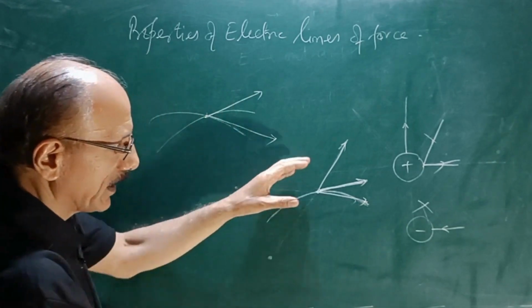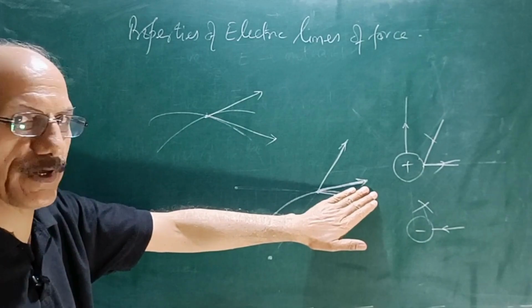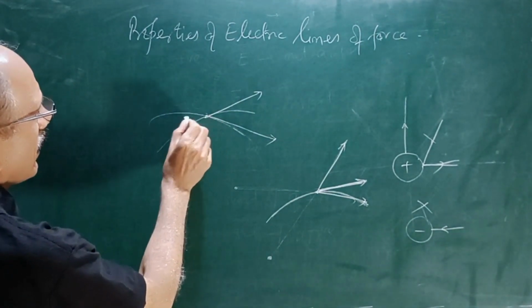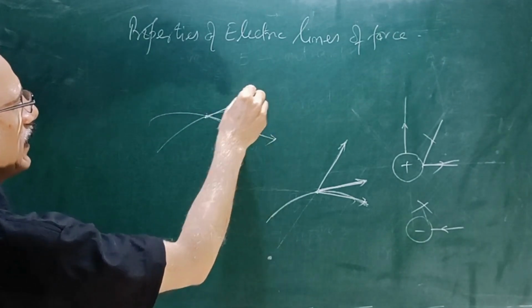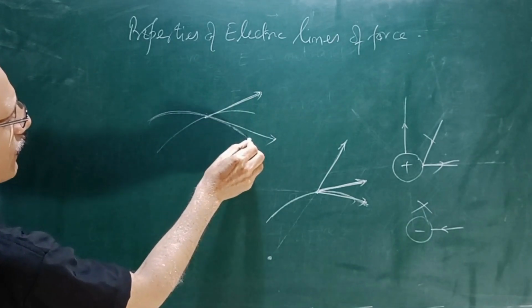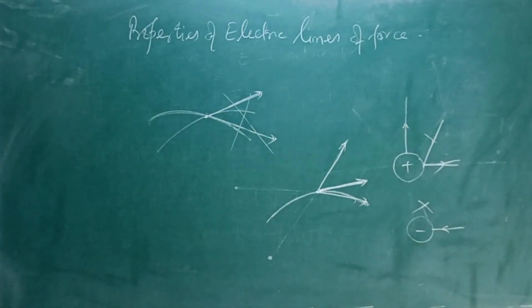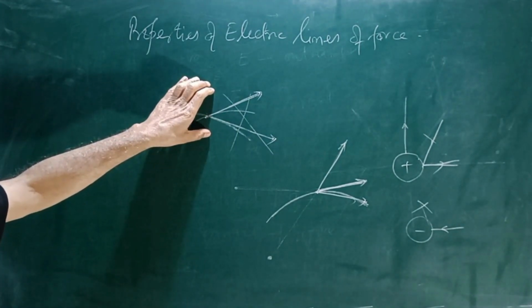But ultimately, their resultant was in one direction. So here also, if you consider this electric line of force, then the direction has to be this way. If you consider this electric line of force, then the direction has to be this way, which is not possible. That means the electric lines of force will never intersect.